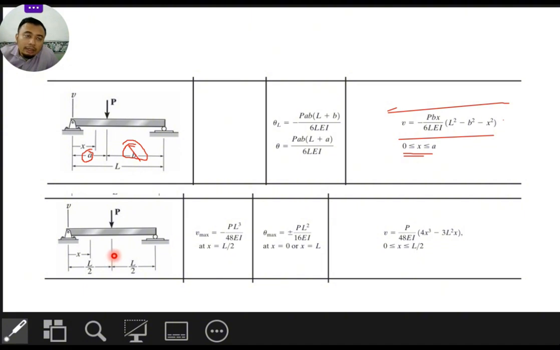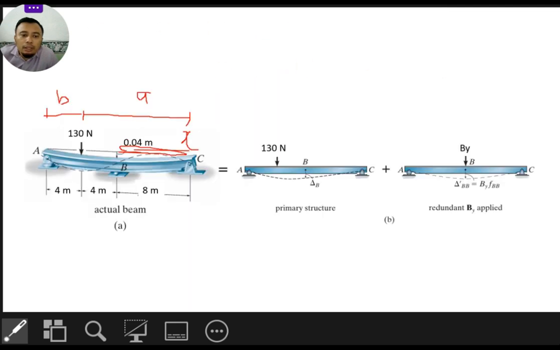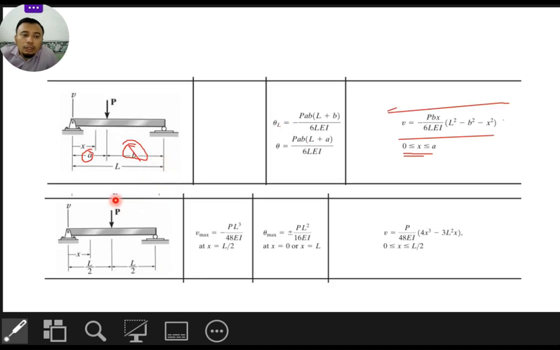Downward is taken as negative displacement. So that's for the first primary structure, and then for your redundant force structure, you will use this equation, PL to the power 3 divided by 48 EI, where the point of interest X will be at the middle.